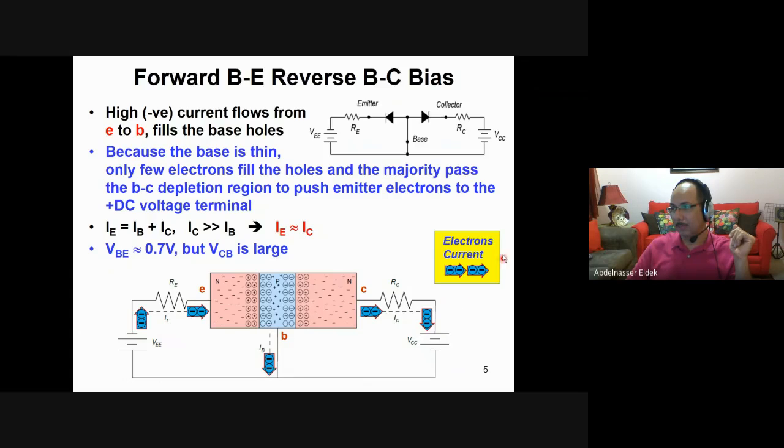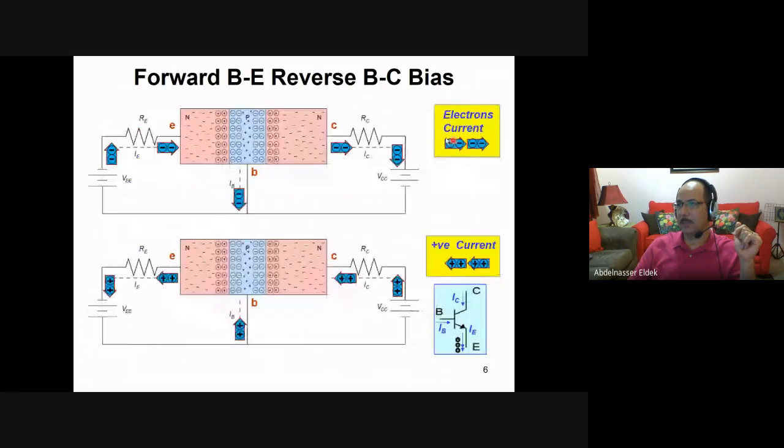Remember that all I'm talking about now is electron current, so negative currents, with electrons moving. But when we solve circuits, we usually use the conventional current, which is positive charges. So we have to change the arrows to the other direction. In a circuit, we assume a positive current.